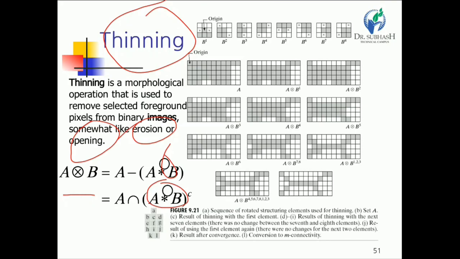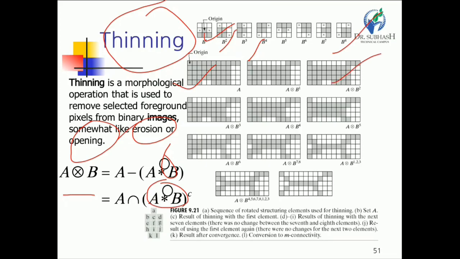Now we have to represent this function in figure A. This is the sequence of rotating structuring elements used for thinning, B1, B2, B3 up to B8. Figure B is the set A, in figure C there is the result of thinning with the first element, and figure D is the result of thinning with the next seven elements, right?